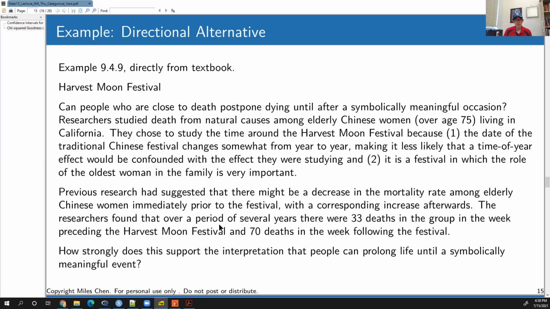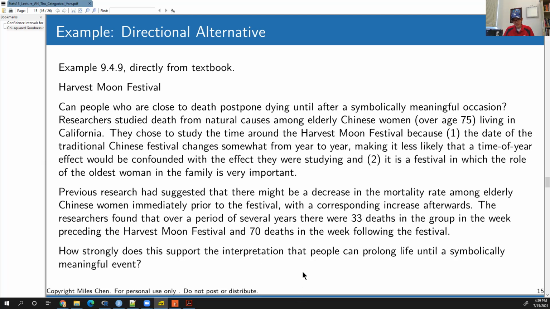The researchers found that over a period of several years, there were 33 deaths in the group in the week preceding the Harvest Moon Festival and 70 deaths in the week following the festival. How strongly does this support the interpretation that people can possibly prolong life until a symbolically meaningful event?